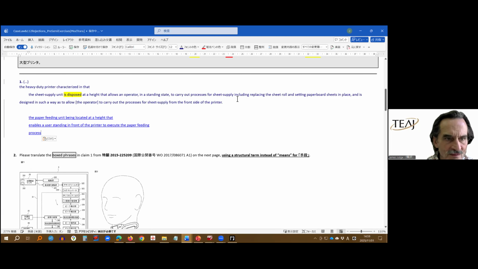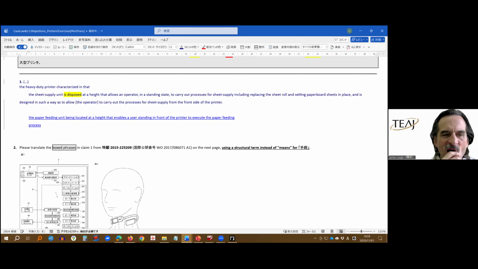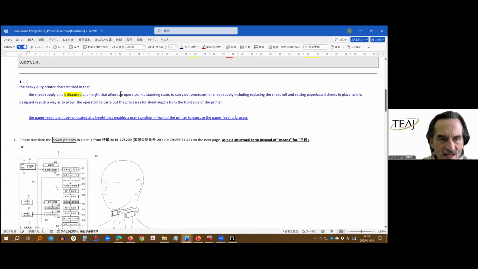Is that any different? Let's see. Well, the only thing I would say is that the only argument I could make that this is a somewhat better rendering than the original English is that it's using the word dispose.